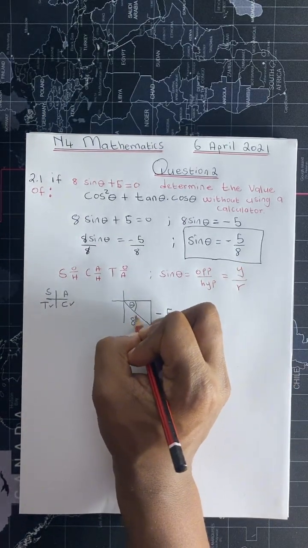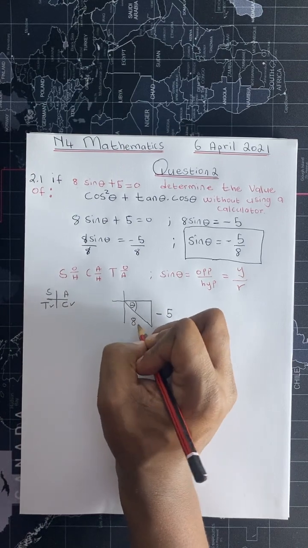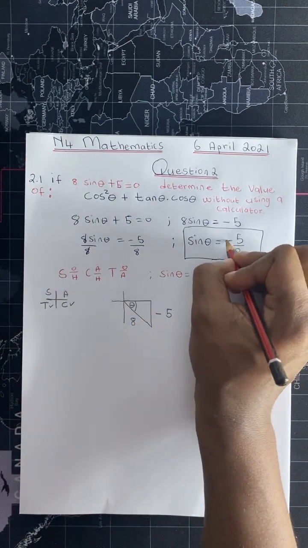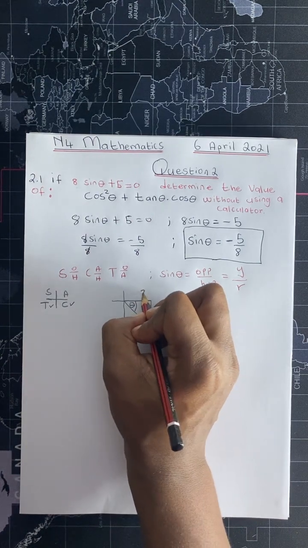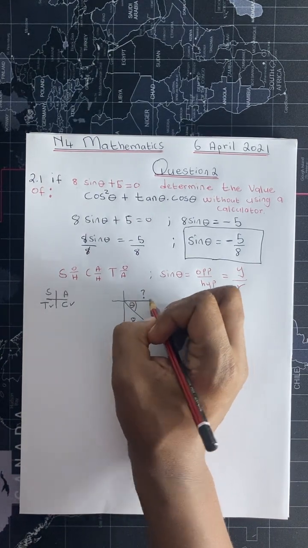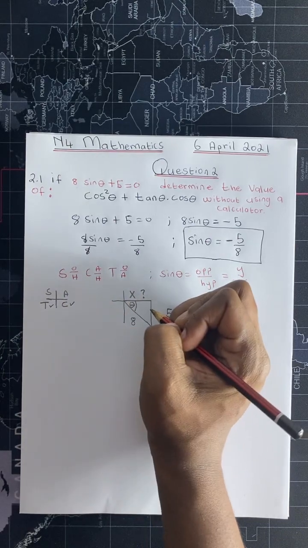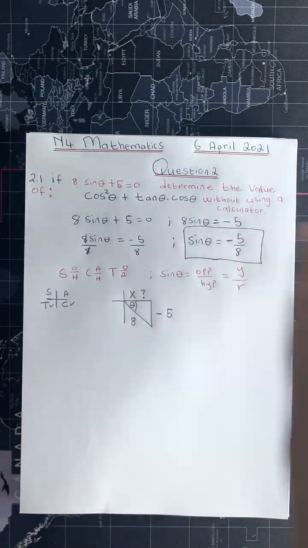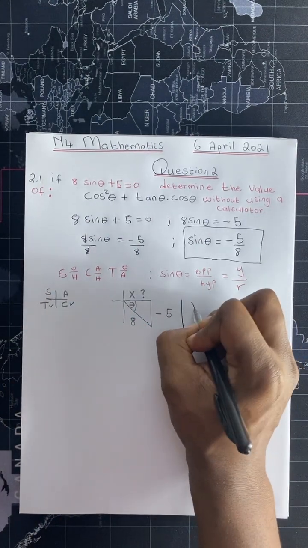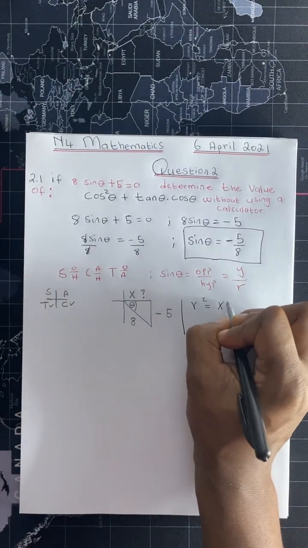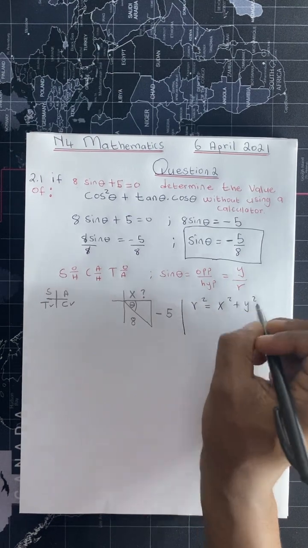The hypotenuse can never be negative, it's always positive, so that negative sign belongs to the opposite. So we have to figure out what the adjacent side is, which we can also call our x. So we use the theorem of Pythagoras. We have r squared is equal to x squared plus y squared.